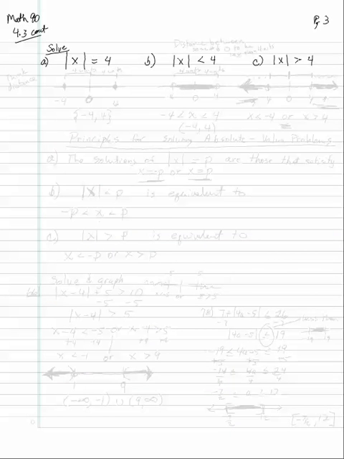So on the next page. Okay, so let's look at the three things here. So absolute value of x equals 4. Now if we're thinking distance again, we want the distance between some number x and 0 to be 4 units away.